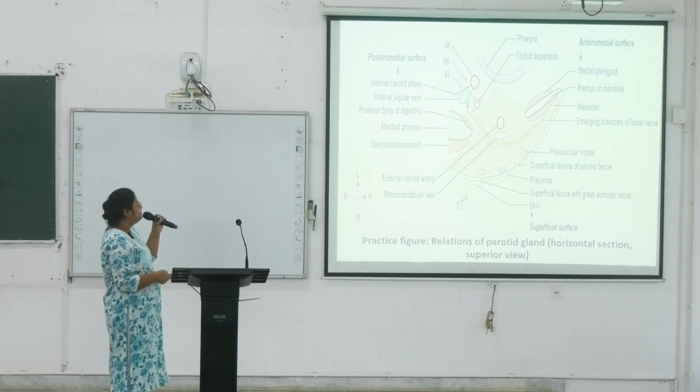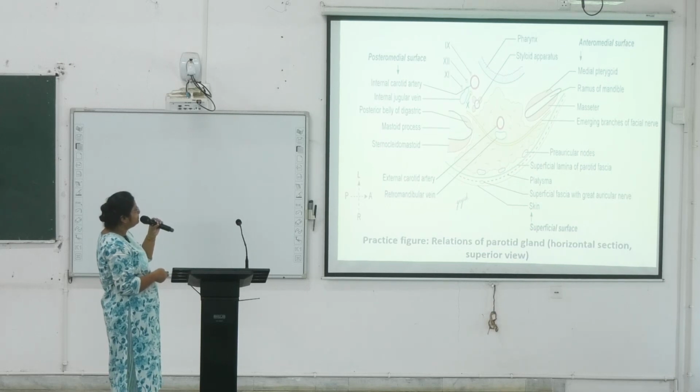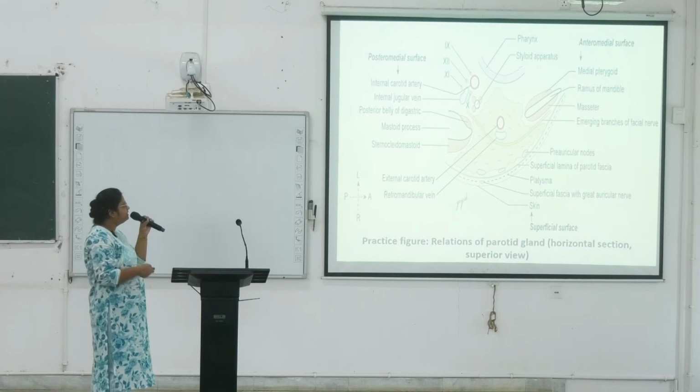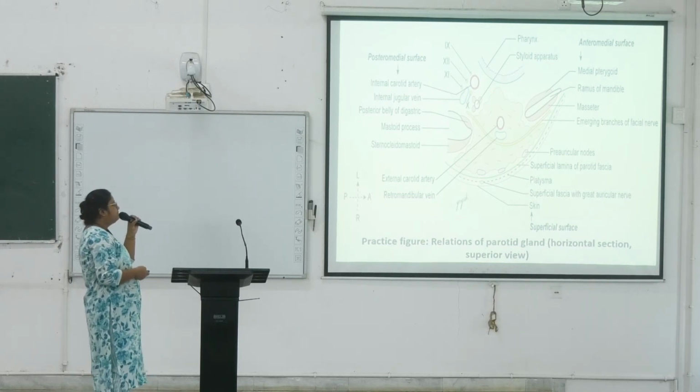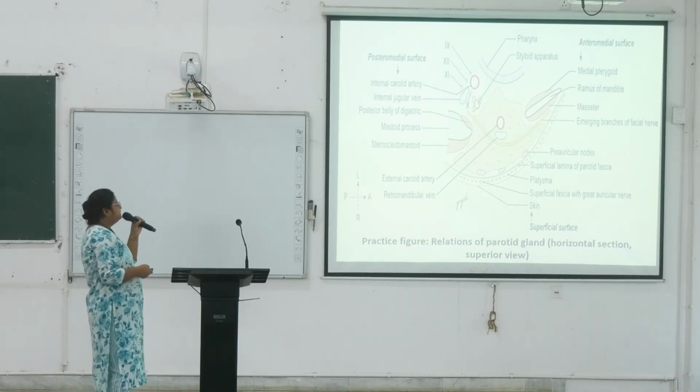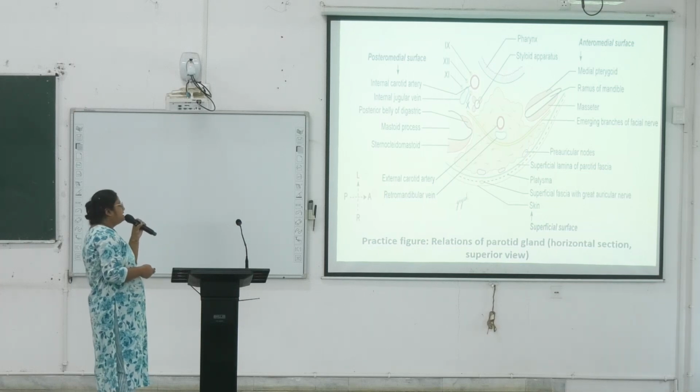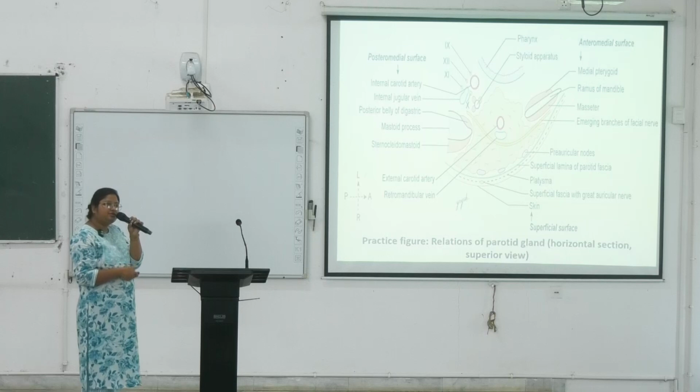Now see here, within the substance of the gland, three structures are present. From superficial to deep, these are the facial nerve, then the retromandibular vein, and deepmost is the external carotid artery. This is also important.